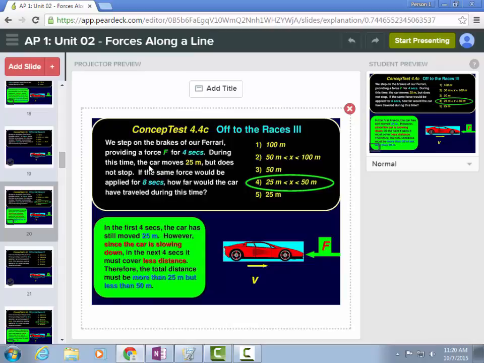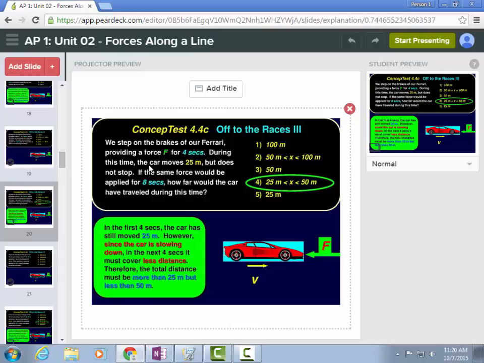So let me actually give you a formal explanation for this. Well, the verbal explanation was solid. In other words, the average velocity in the first 4 seconds is going to exceed the average velocity in the second 4. Therefore, it can't go as far in the second 4 seconds as it did in the first 4. But since it went somewhere, it's going to be greater than 25 and less than double that.